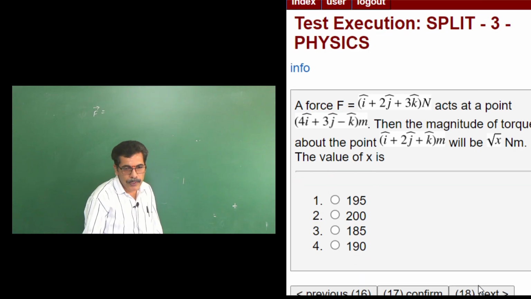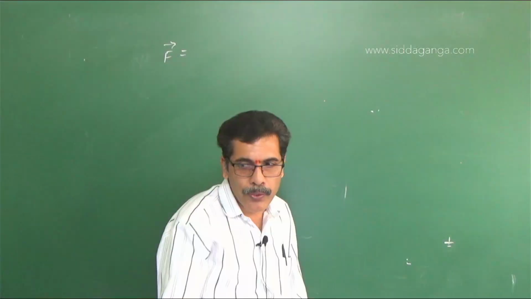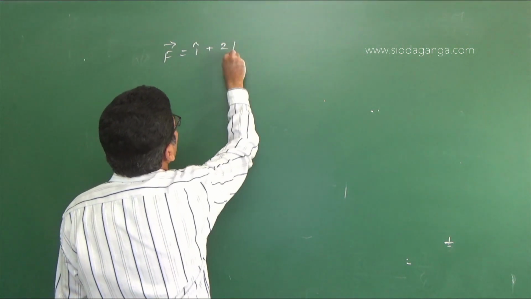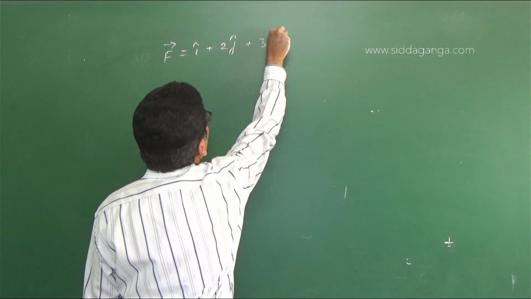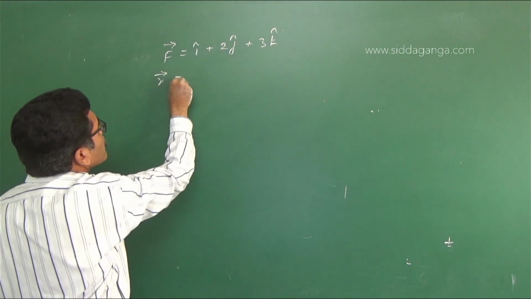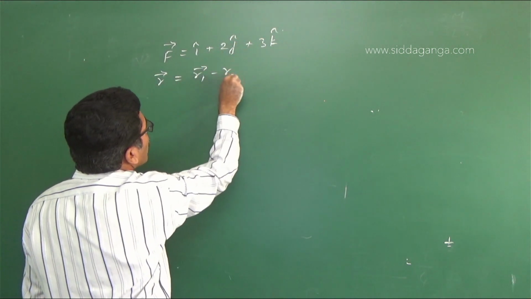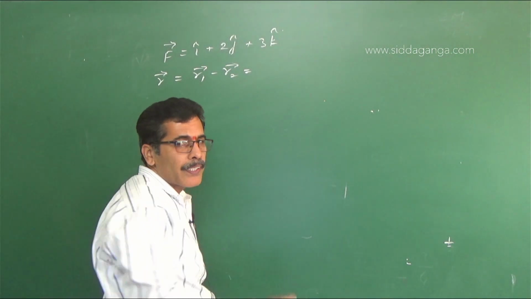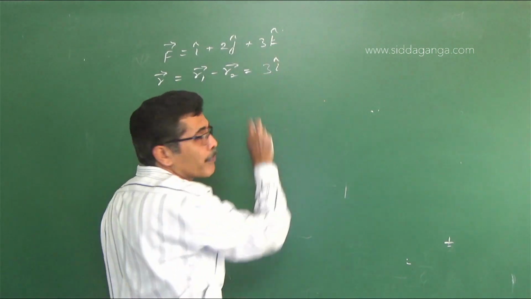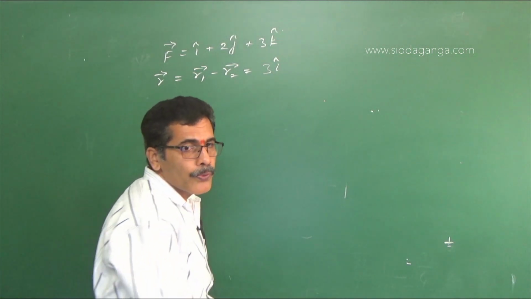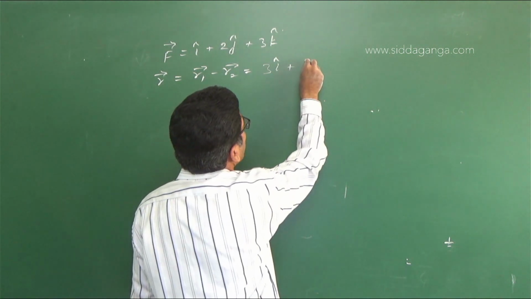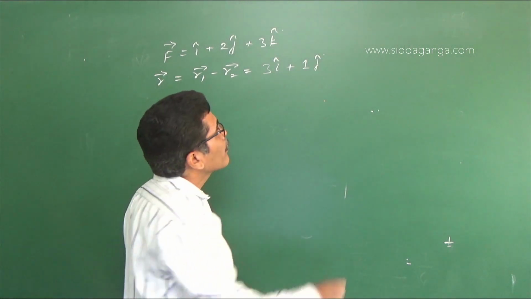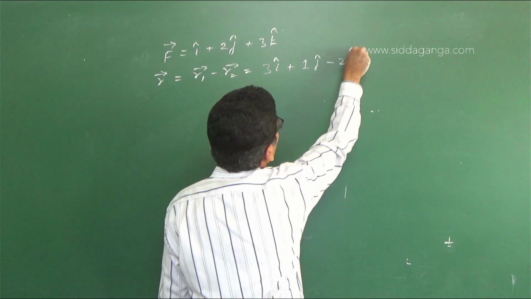This can be calculated by considering the cross product. Here F is I cap plus 2 into J cap plus 3 into K cap. And what is R? R is equal to R1 minus R2. This is 4 minus 1, 3 into I cap, 3 minus 2, 1 into J cap, minus 1 minus 1, minus 2 into K cap.